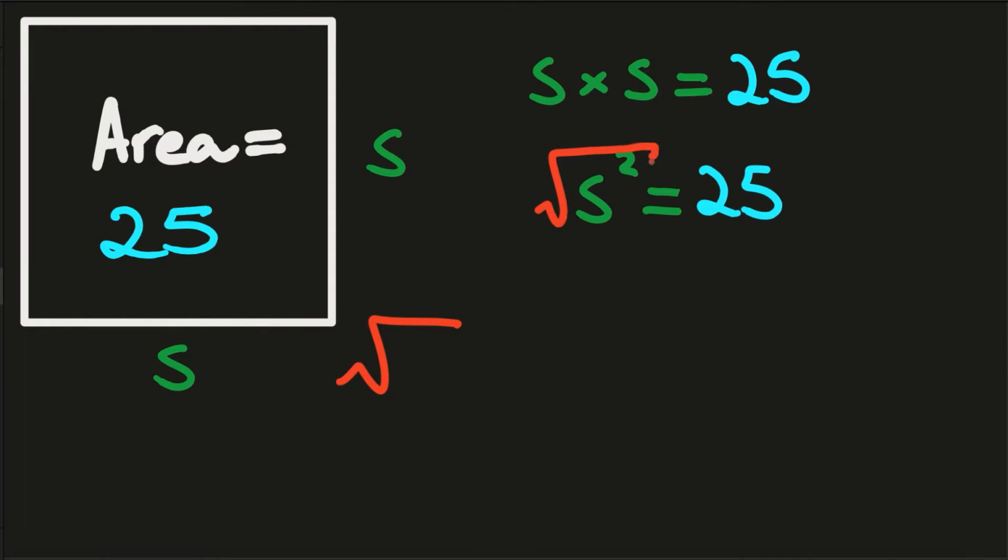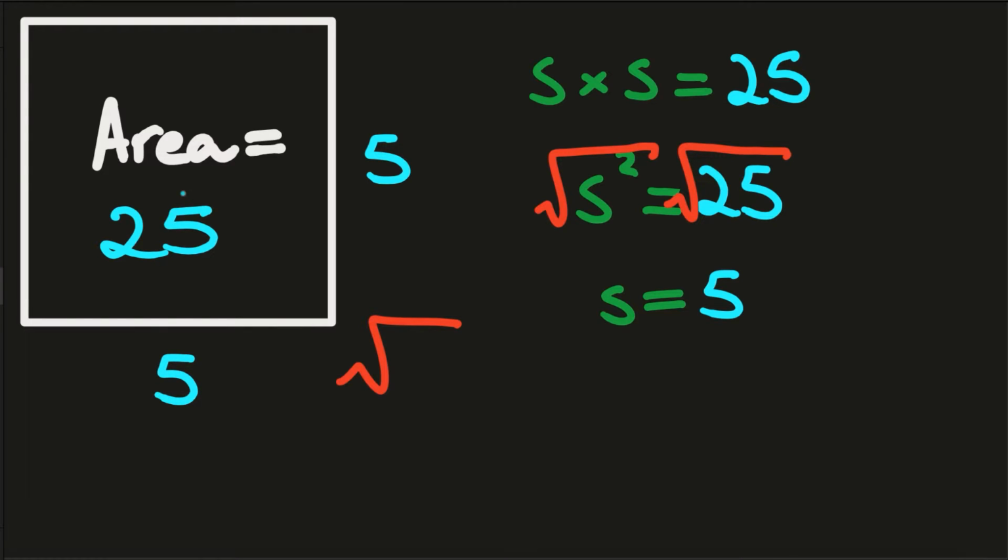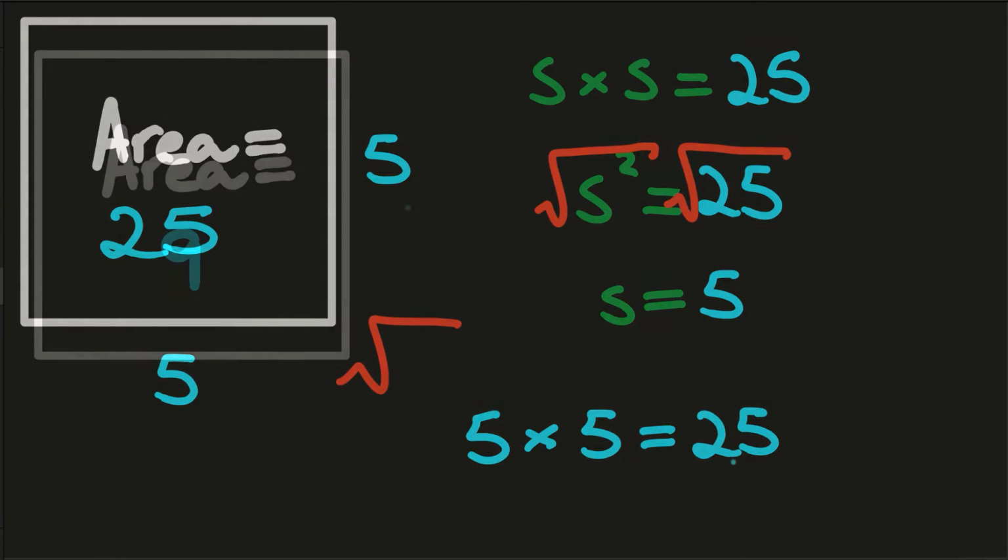So we would have the square root of s squared equals the square root of 25, meaning that s should equal 5. What does this mean? This means that if we replace the side lengths here with 5, we would get a square with an area of 25. This is because 5 times 5 equals 25.